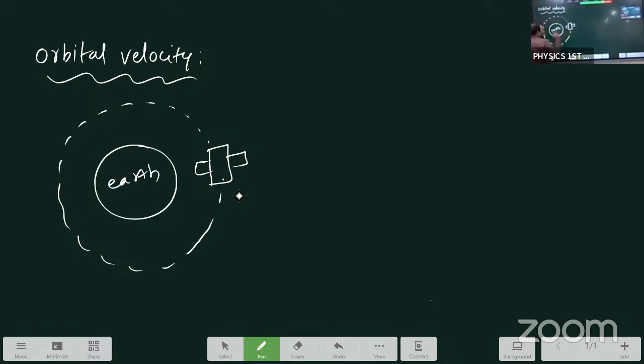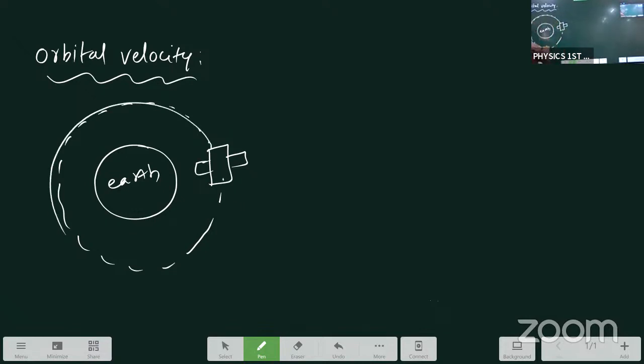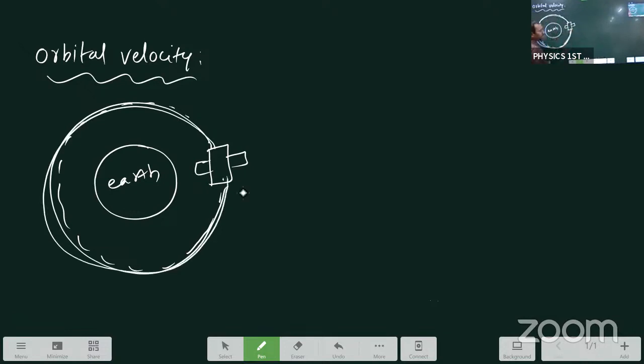Every definition of orbital velocity and escape velocity starts with minimum. Minimum velocity required for an object to revolve around the Earth, around the gravitational field. That is orbital velocity: one object moving in a circular orbit around the gravitational body.